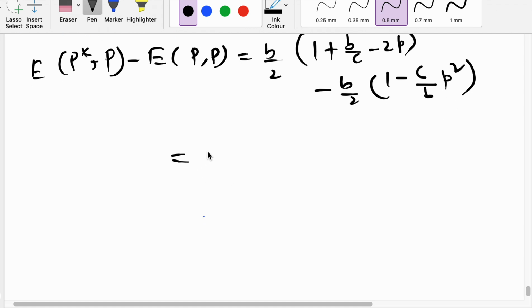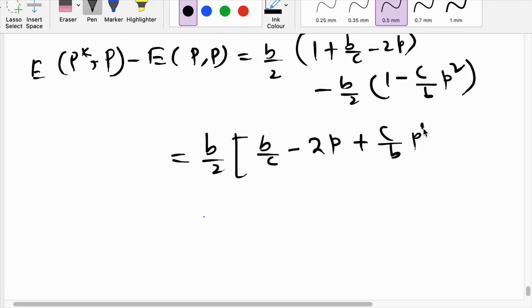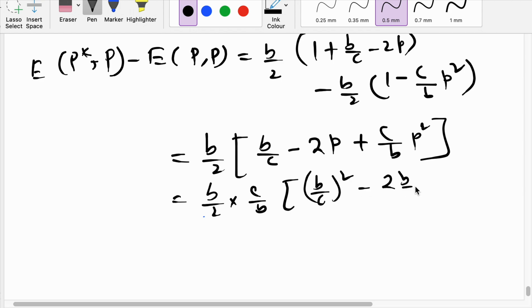Now if I do it, the b by 2 cancels, and if I take the other b by 2 common, then I get b by c minus 2p plus c by b p square. Now again if I take c by b common, I get b by 2 into c by b times b by c whole square minus 2 b by c into p plus p square.